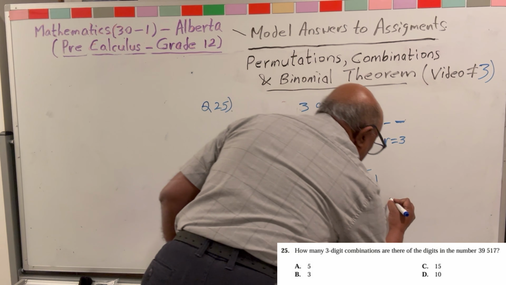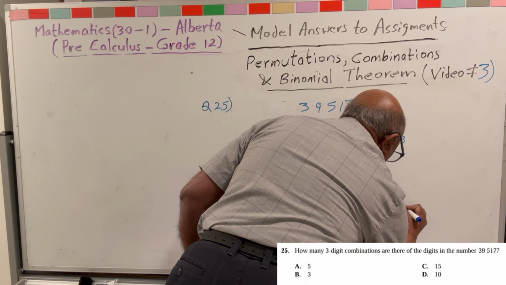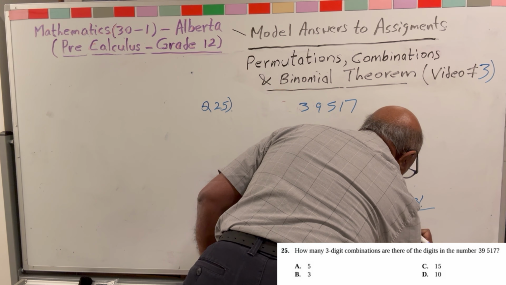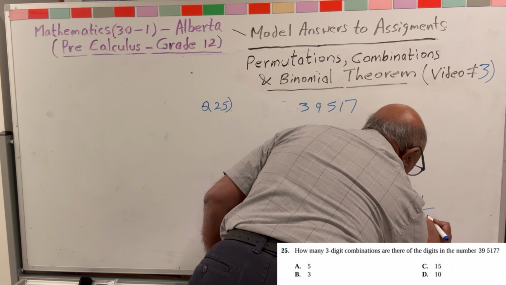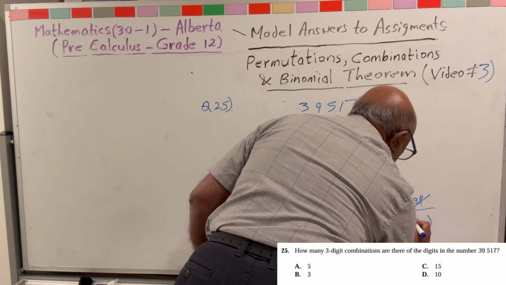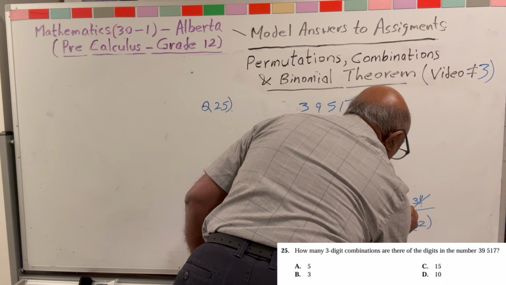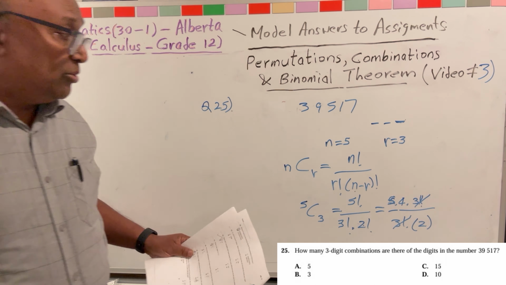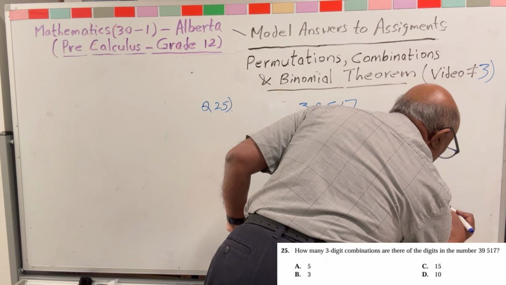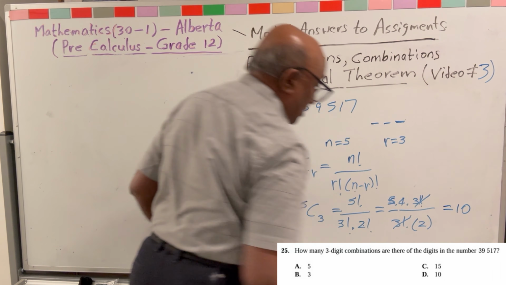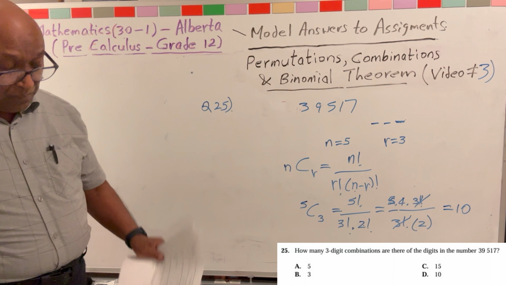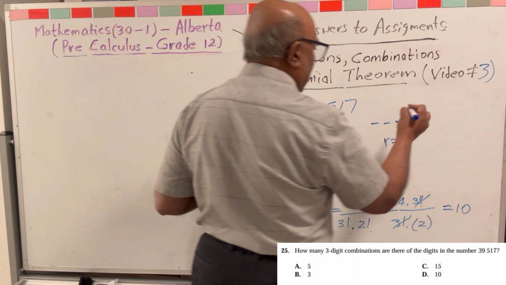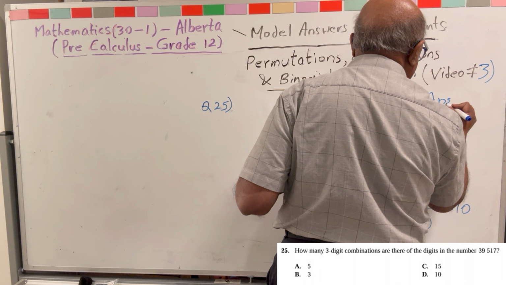You can simplify this: 5 4 3 factorial divided by 3 factorial, times 2 times 1, which is 2. Now 3 factorial is cancelled. 5 times 4 is 20, divided by 2. The answer is 10. That means the answer is option D.